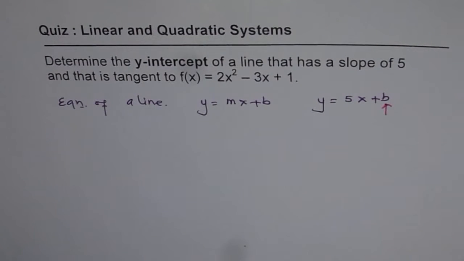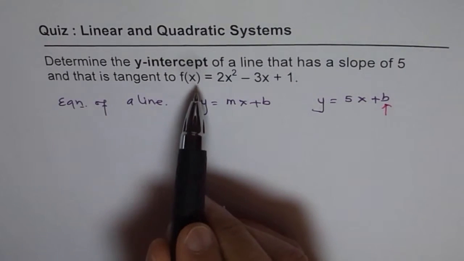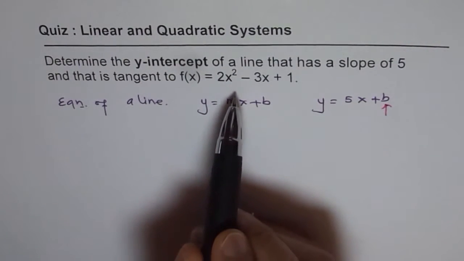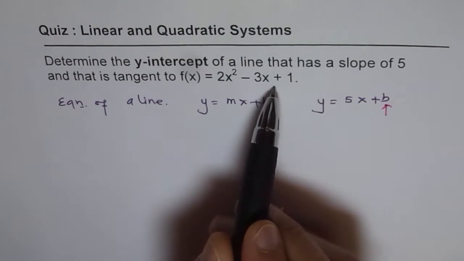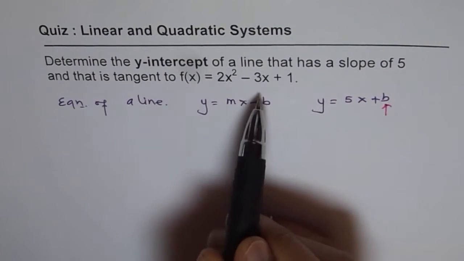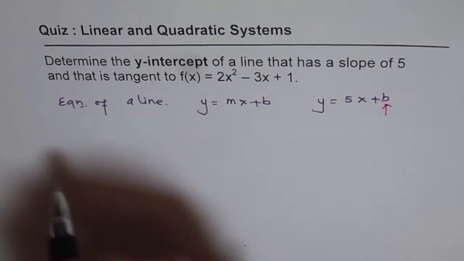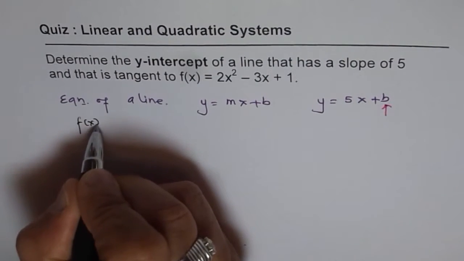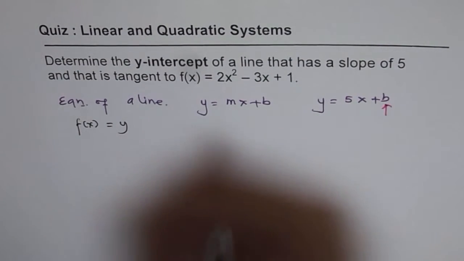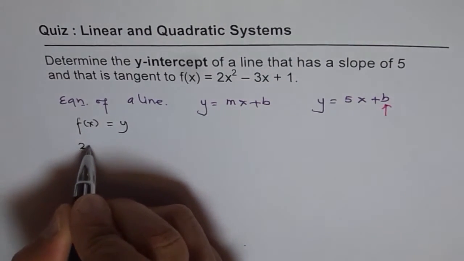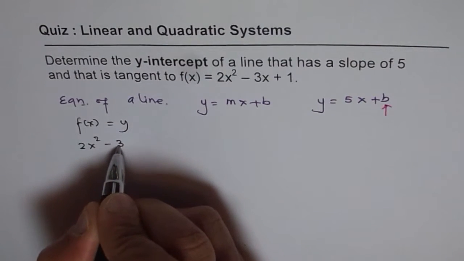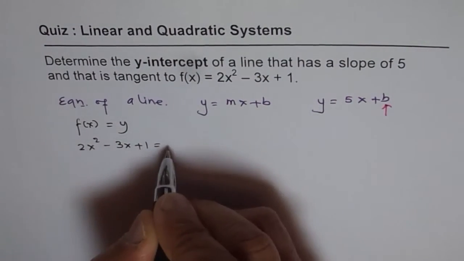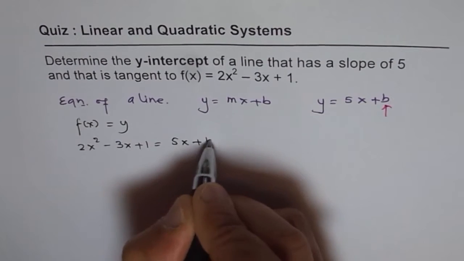Now the question is that it has to be tangent to this curve, 2x squared minus 3x plus 1. That means there will be a common point, and at that point f of x should be equal to y, right? So 2x squared minus 3x plus 1 should be equal to 5x plus b.